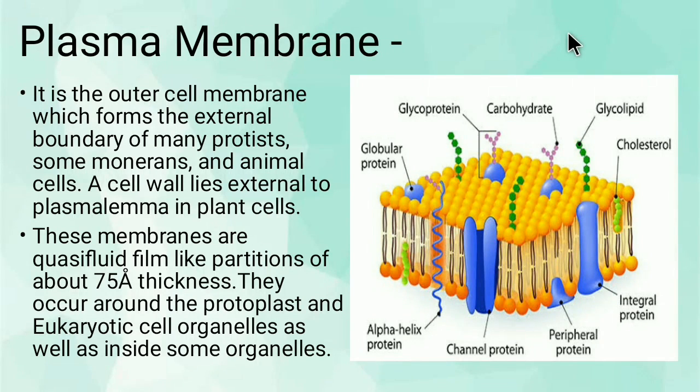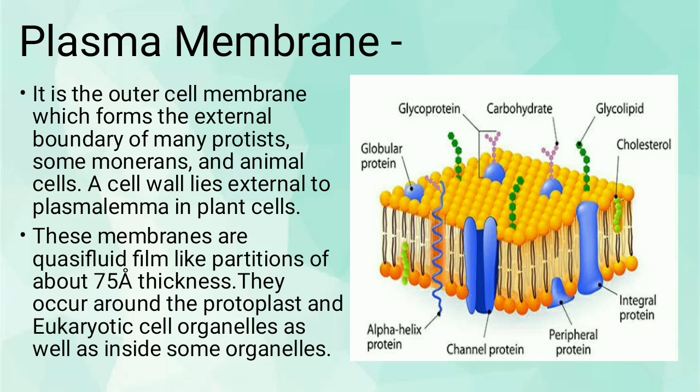Plasma membrane. It is the outer cell membrane which forms the external boundary of many protists, some monerans, and animal cells. A cell wall lies external to the plasmalemma in plant cells. These membranes are quasi-fluid film-like partitions of about 75 angstrom thickness.